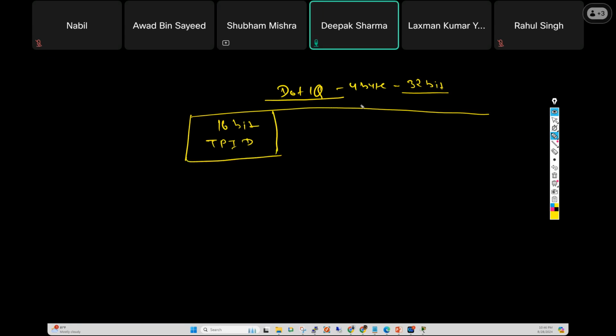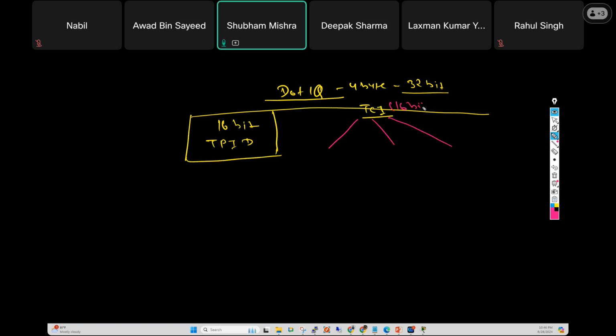Now that is TCI, tag control information. TCI is again divided into 3 categories. What are the 3 categories here? 1, 2, 3. The 16 bits here means the total size of TCI is also 16. Then 16 plus 16, how much? 32.